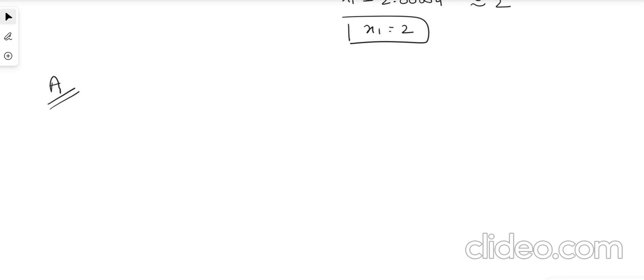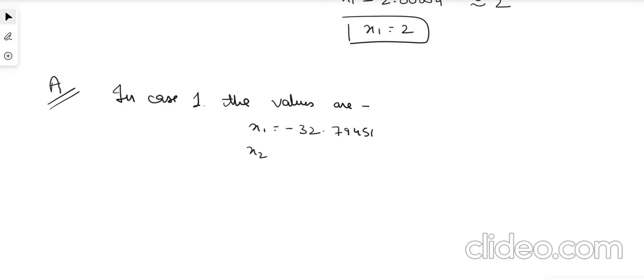Now comes question A. In case 1, the values of x1 and x2 are x1 equals minus 32.79451 and x2 is 16.9589.